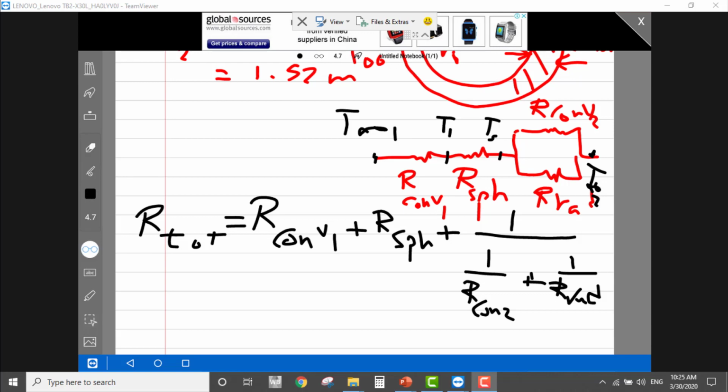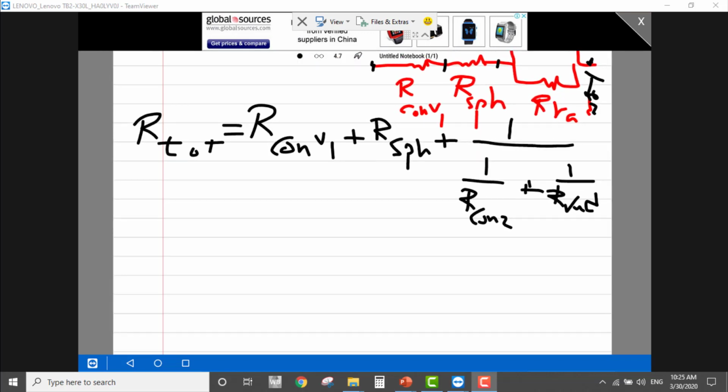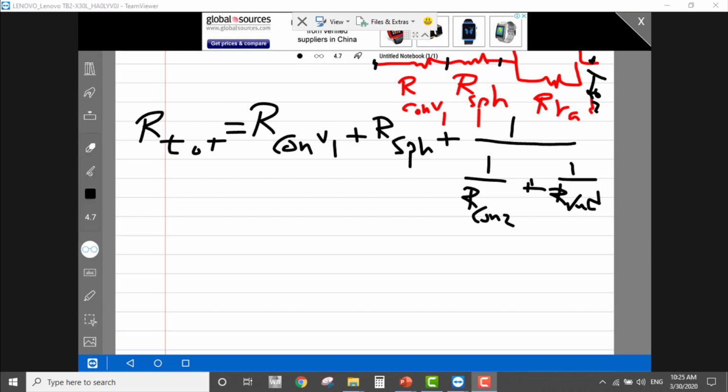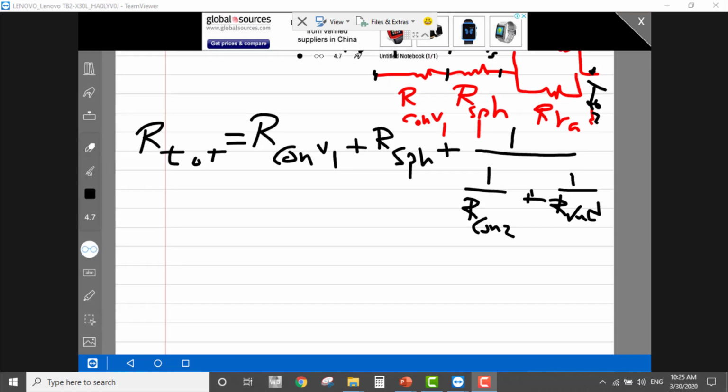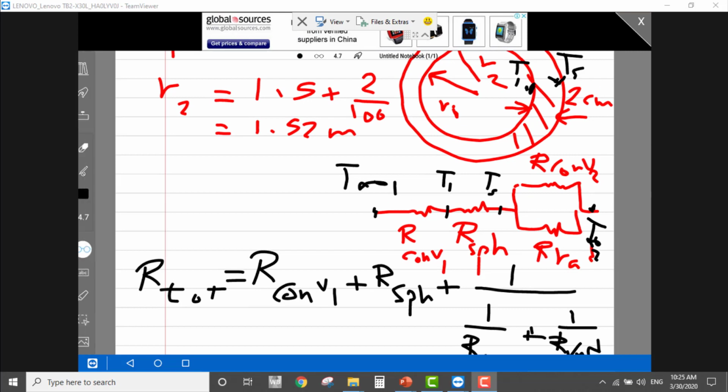Okay, let us calculate them one by one. But before doing that, let me calculate the areas. So we have area 1, the inner area calculated according to radius 1. This is the area for a sphere, and this is equal to 4 pi r1 squared.